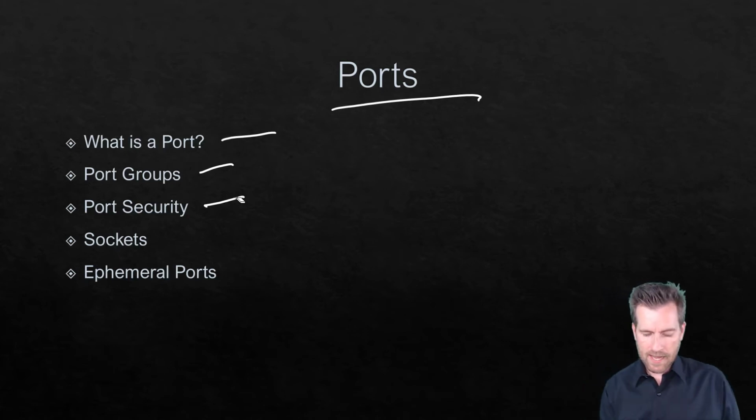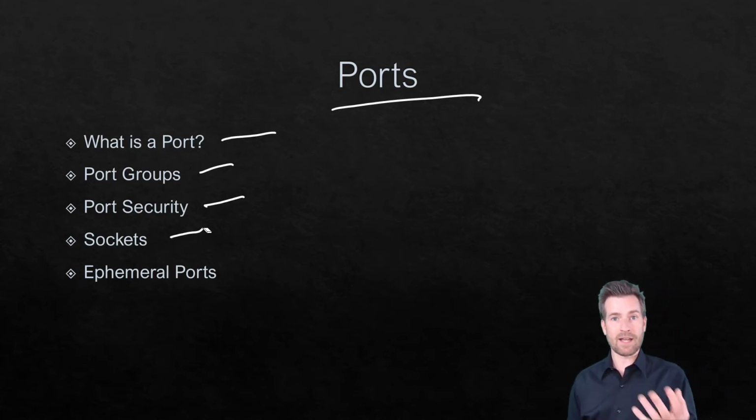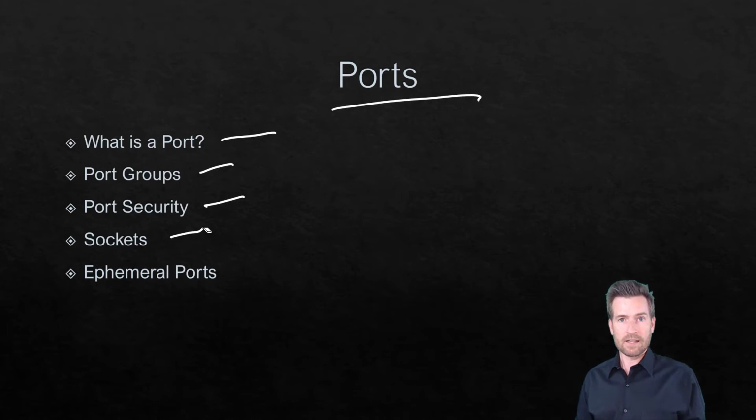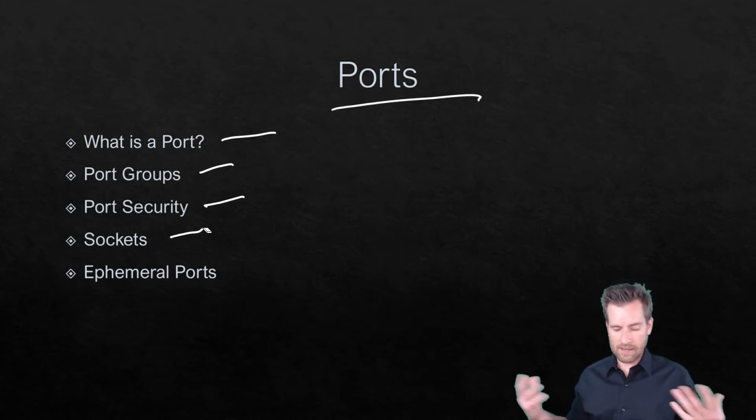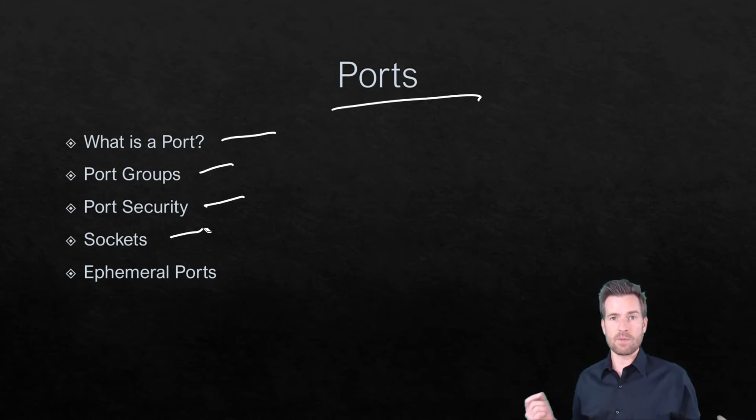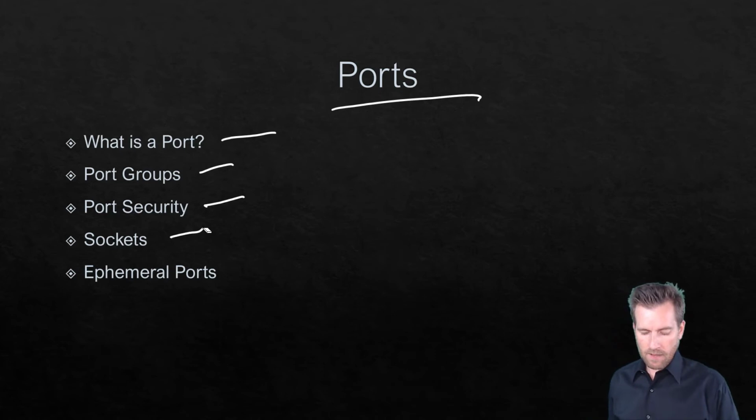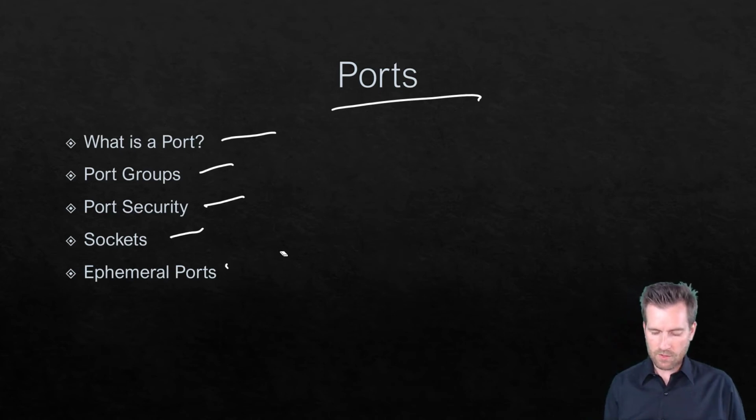Then we got into what a socket is. We talked about sockets as far as a source IP/port is concerned, and a destination IP/port is concerned. So we've got two different sockets within this communication that happens. And then we finished things up with talking about those ephemeral ports.